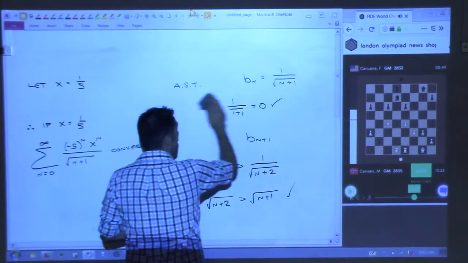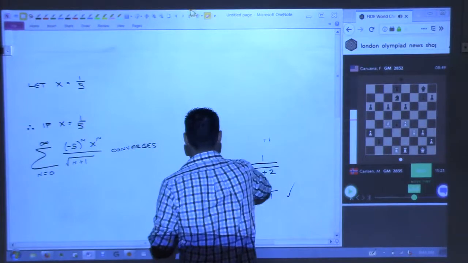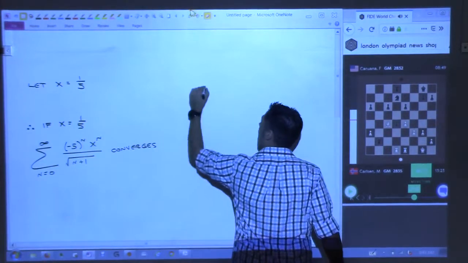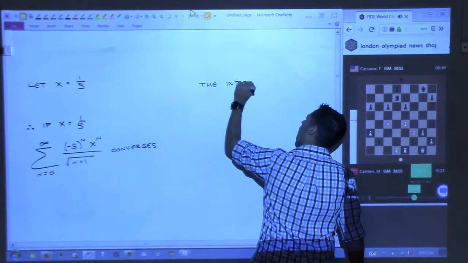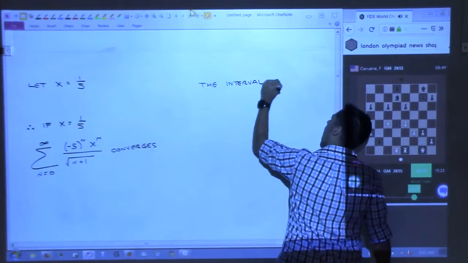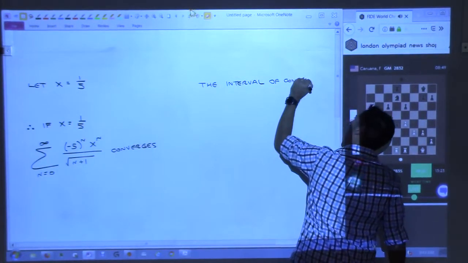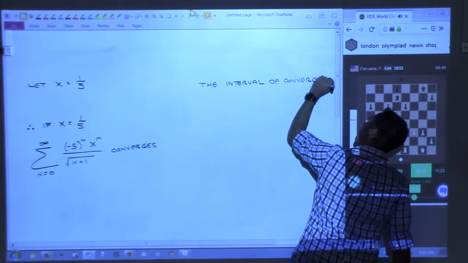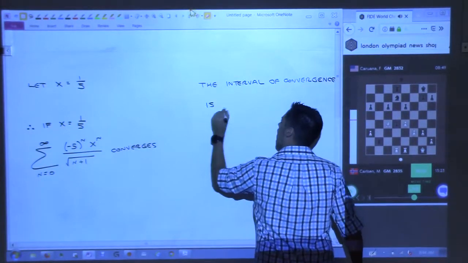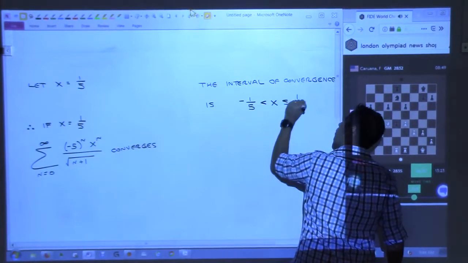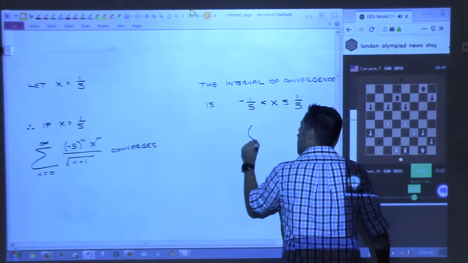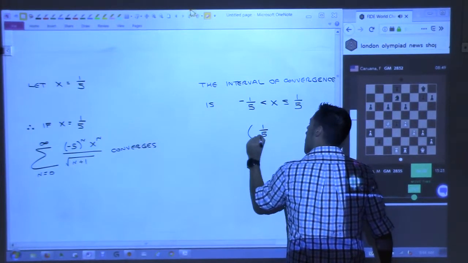So finally, we have our answer to part B. The interval of convergence is negative 1/5 less than x less than or equal to 1/5. Or, if you like, you can write it this way.